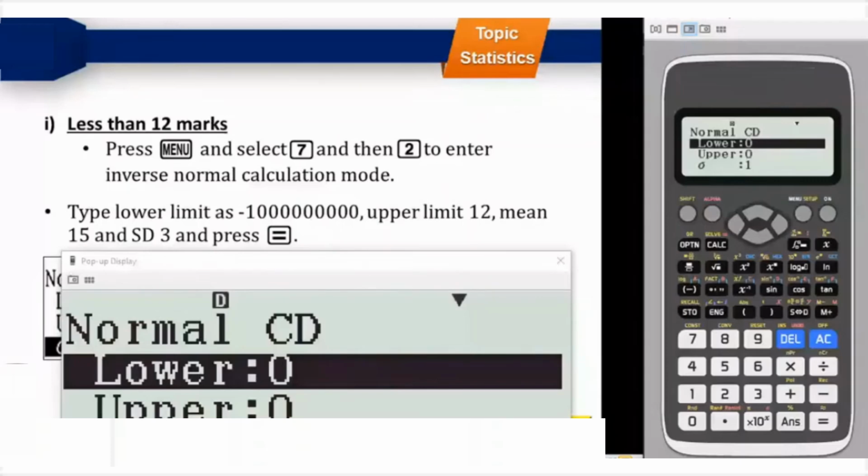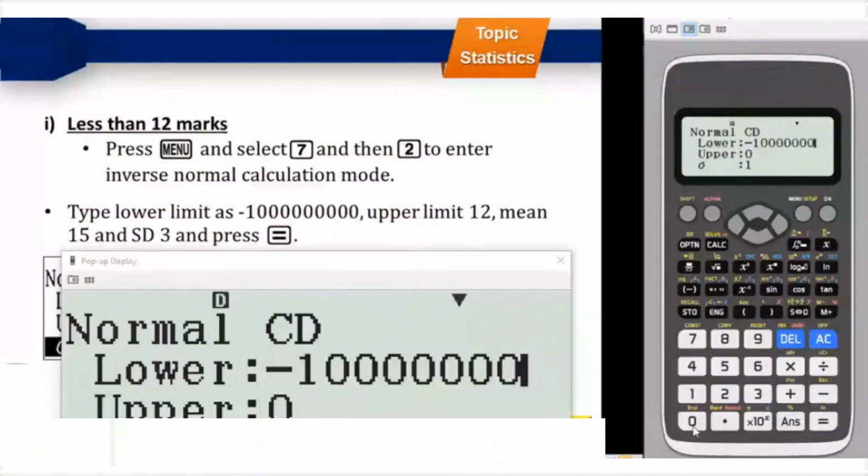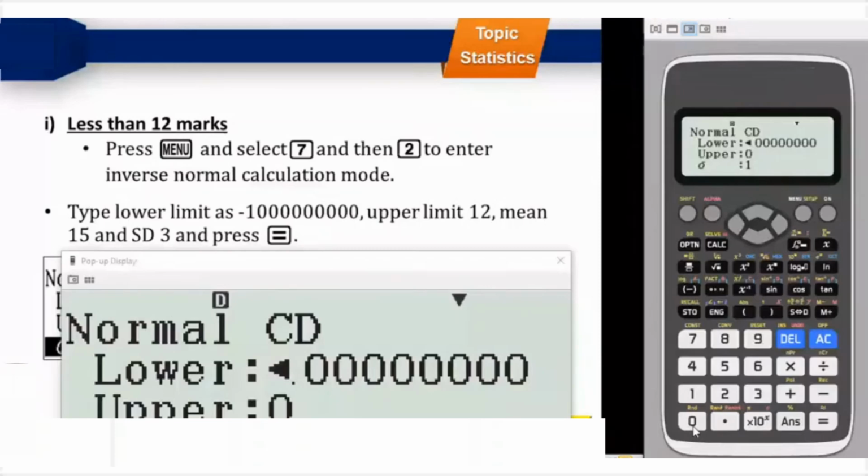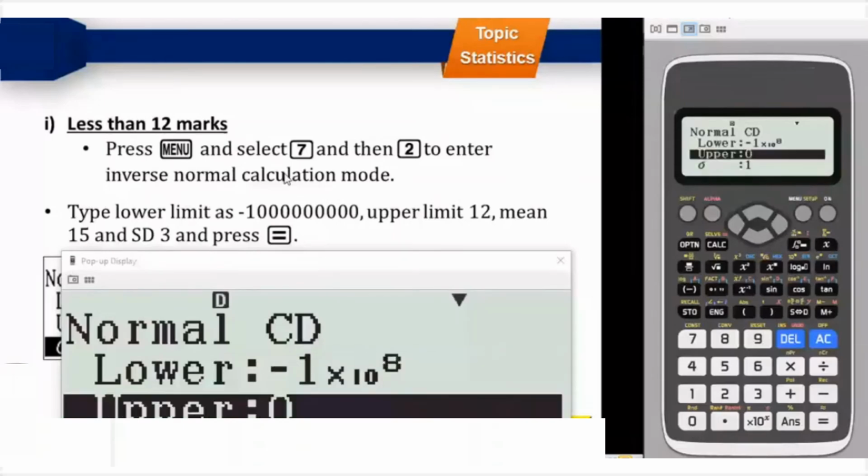What we will do is we'll write a very small value, minus 100,000, for example, or minus 1 million, or minus 10 million, whatever we feel like. But it has to be a sufficiently small value. Then you press equals to upper value. You need less than 12 marks. Less than 12 marks means upper value is 12.